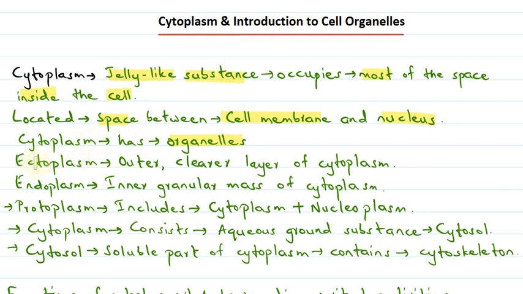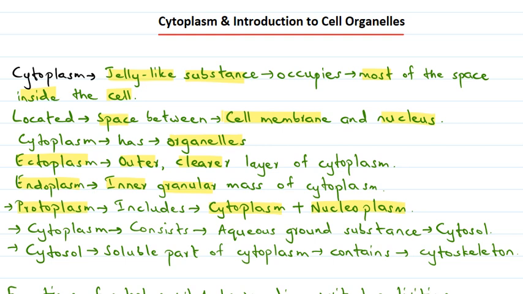Then there are two terms, ectoplasm and endoplasm. Ectoplasm is the outer clearer layer of the cytoplasm, whereas endoplasm is the inner granular mass of the cytoplasm. Then there is another term called protoplasm, which includes all the contents of the cytoplasm and the nucleoplasm. The cytoplasm and nucleoplasm together form the protoplasm, which is surrounded by the cell membrane.